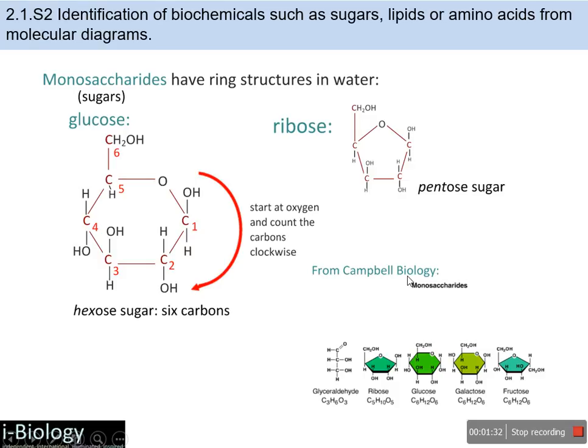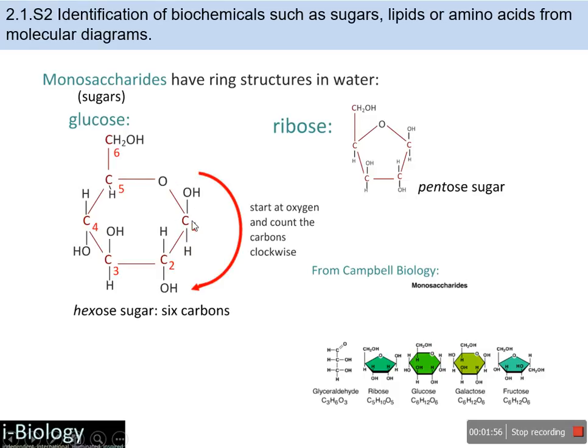Now, if we're looking at our sugars, we're looking at our most simple sugars, or our monosaccharides. Mono meaning one, saccharide meaning sweet. One sweet, or single molecule sugars. A couple of examples are glucose and ribose. Glucose is what we call a hexose sugar. It has 6 carbons in it.